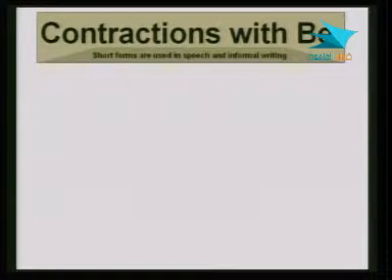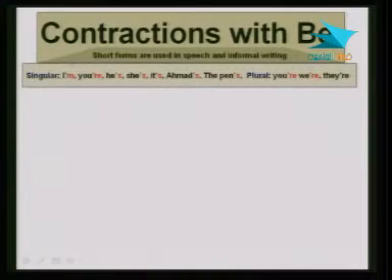Okay, contractions with be. What do we mean by contractions? Contractions are short forms. Short forms are used in speech and informal writing. Short forms of the verb be, for singular, are: I am, we say I'm. With you are, we say you're. And he's, she's, it's, Ahmed's, the pen's.